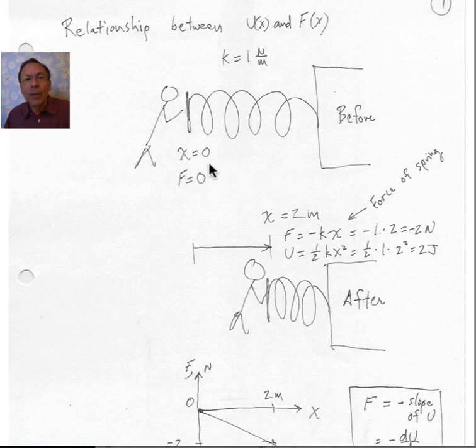And then we push to the right, and the spring pushes back to the left, right? You're pushing to the right, but the spring's reaction force is to the left. Now, as you squeeze and squeeze the spring, the system's potential energy is going up as 1/2 kx squared.